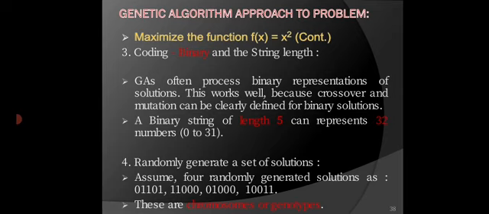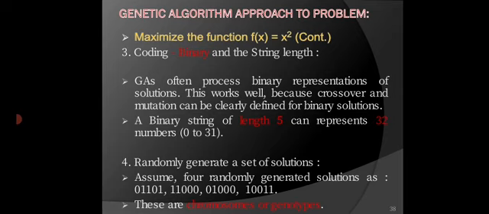We have already discussed the same problem while explaining the theory of the genetic operators. So in this example we have selected binary encoding with string length 5, x value is 0 to 31, okay, and the population size is 4, right?